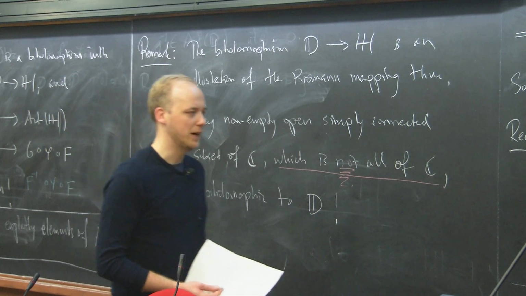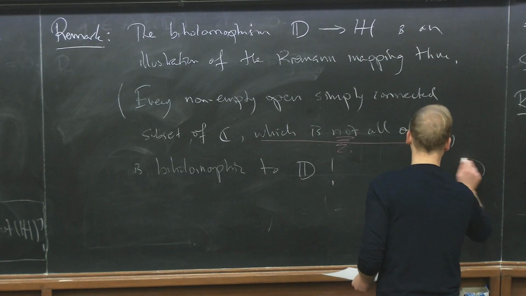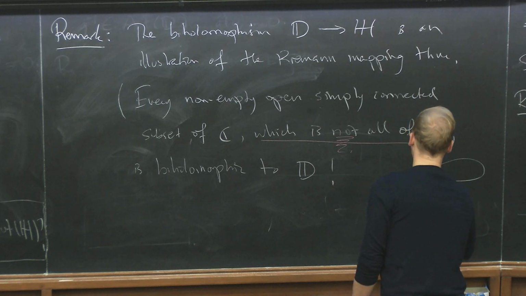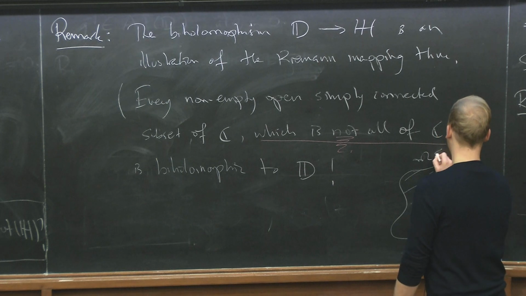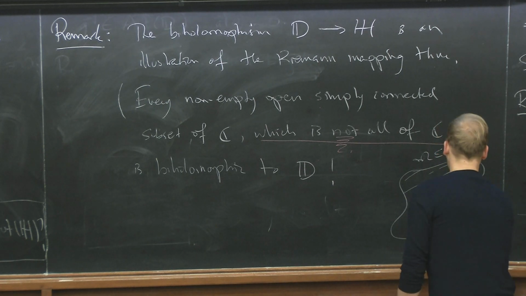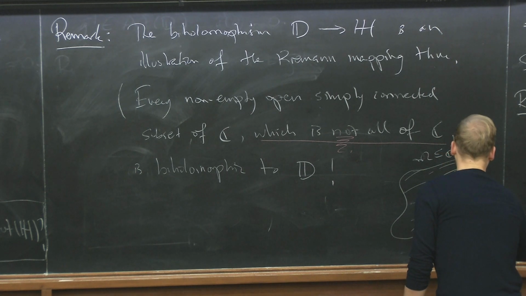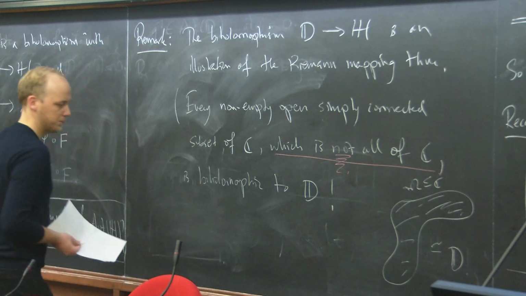Okay, so it means that if you give me any open, simply connected domain, I can just draw one, this looks to be an open, simply connected domain, omega inside C, which is not all of C, and it's not empty, then this one has to be biholomorphic to the unit disk. So a remarkable result.